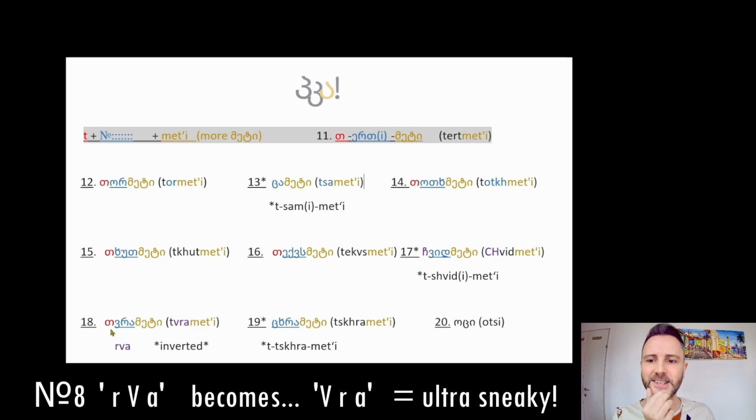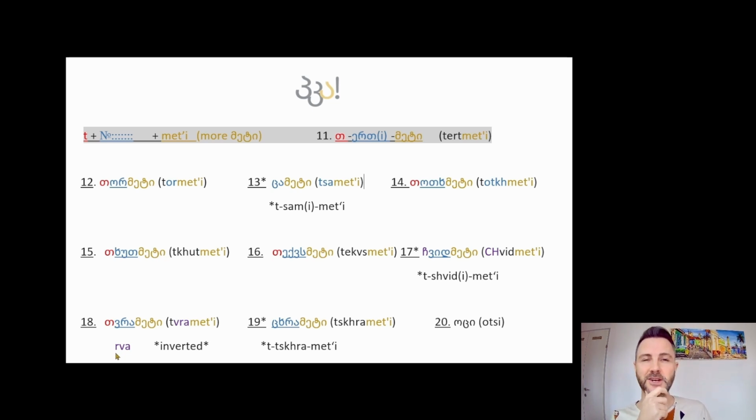No, it's going to be tvramet'i. You flip it over, it's ultra sneaky. I guess this is how a Georgian knows if you really know Georgian, because there's no rhyme or reason to this one. But it is there, it's tvramet'i. And I loved saying it once I realized how sneaky it was.